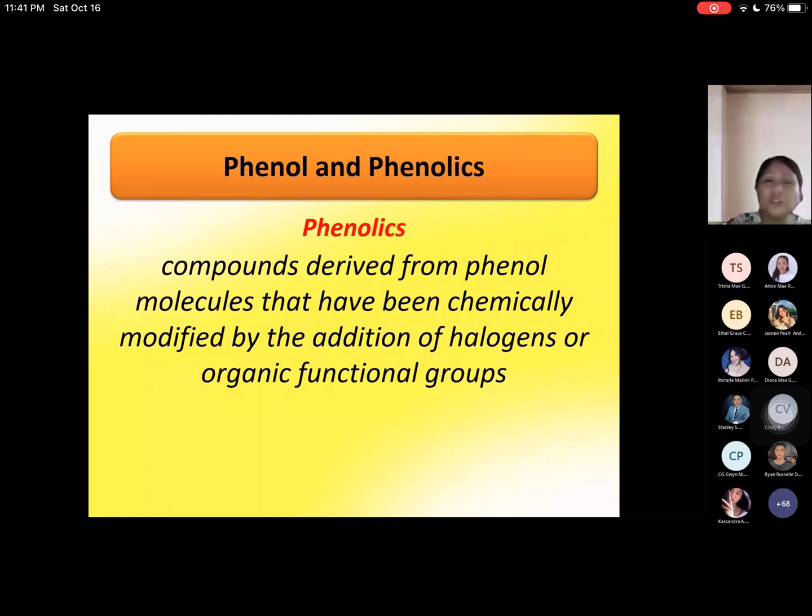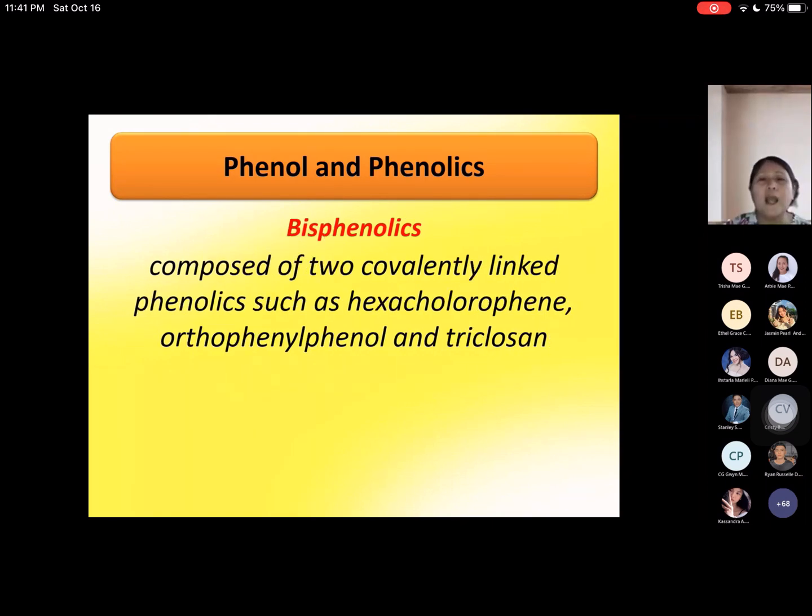I repeat, phenolics are produced to reduce the irritating effect and to increase the antimicrobial activity against microorganisms. That is phenolics. Compounds derived from phenol molecules that have been chemically modified by the addition of halogens or organic functional groups. So that is phenolics.